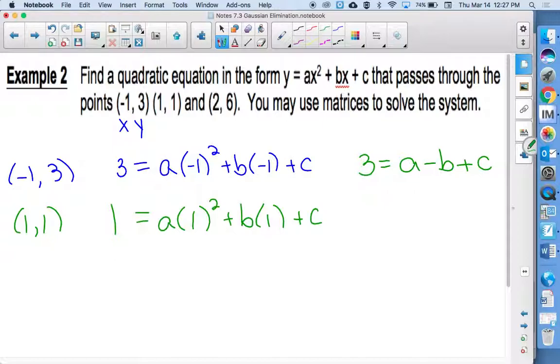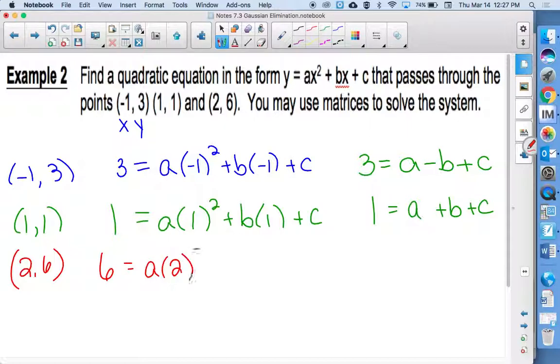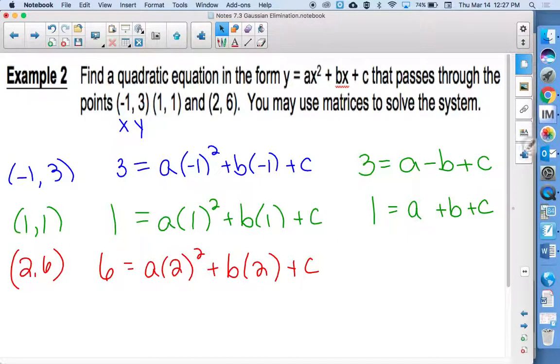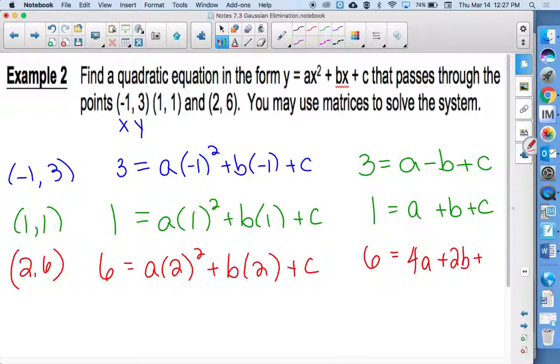So that now says 1 equals a plus b plus c. And then same thing with the third point. So our last equation would say 6 equals 4a plus 2b plus c.